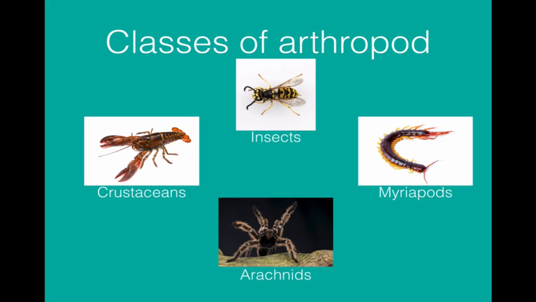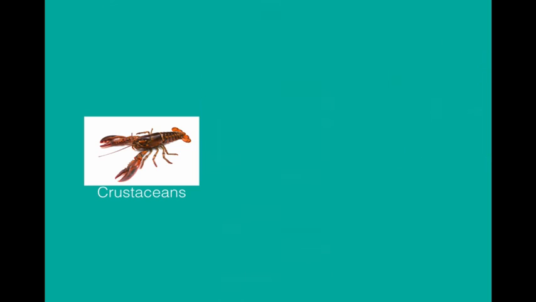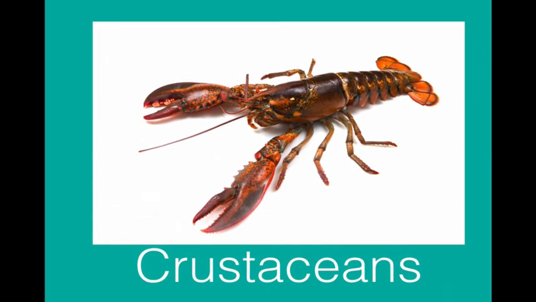The next type are the crustaceans, and the crustaceans often contain two segments, a cephalothorax, so a head and thorax joined together, and an abdomen. Sometimes in a crab it can be hard to spot the difference between the segments. It's more obvious in a lobster or a prawn.